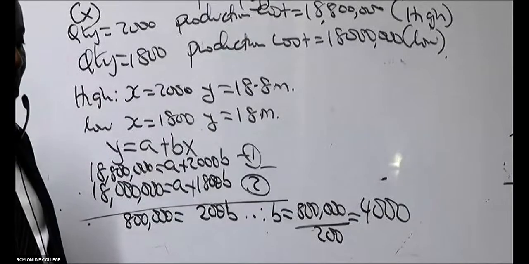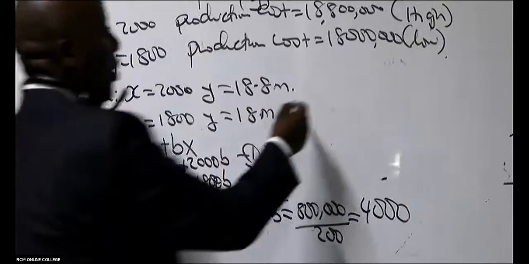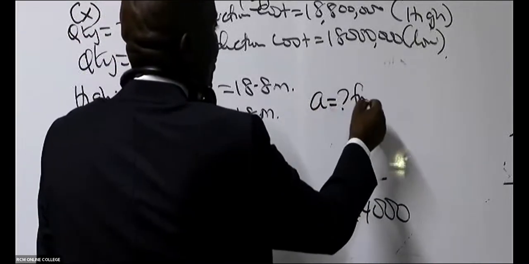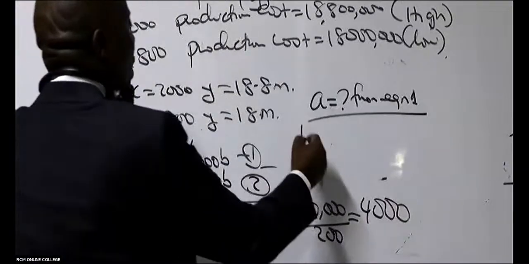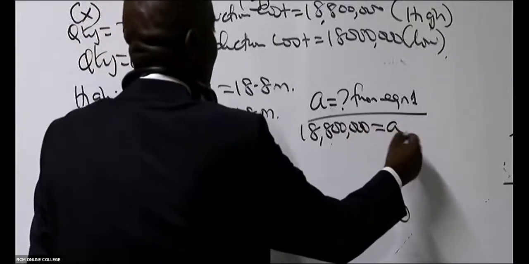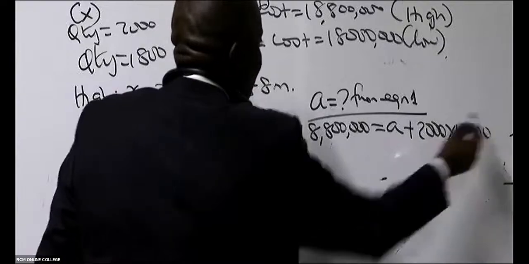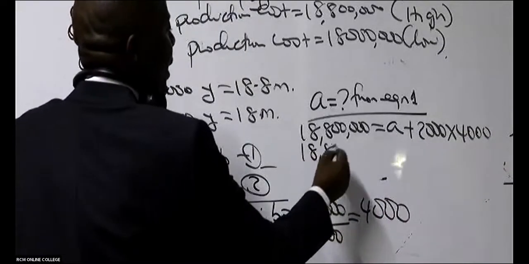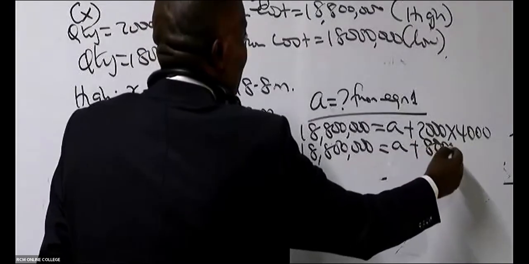Then go ahead and give us the value of A. So A, what is A from equation 1? So value of A from equation 1, we have 18,800,000 equals A plus 2,000 times B, which is 4,000. So this is 18,800,000 equals A plus 8 million.